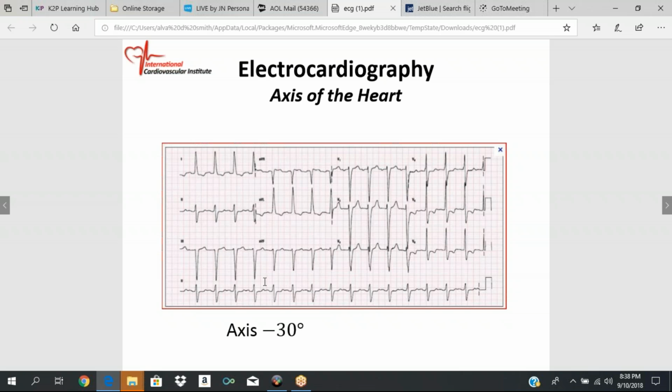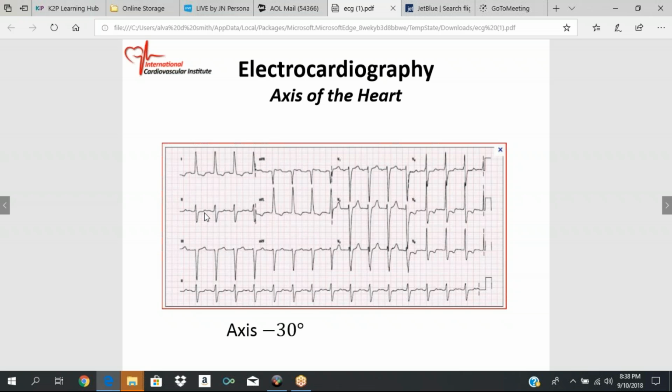If you look in your limb leads, the most isoelectric lead is lead 2. The positive deflection going up is almost equal to the negative deflection going down. It is not completely isoelectric, but it is the most isoelectric of your limb leads.